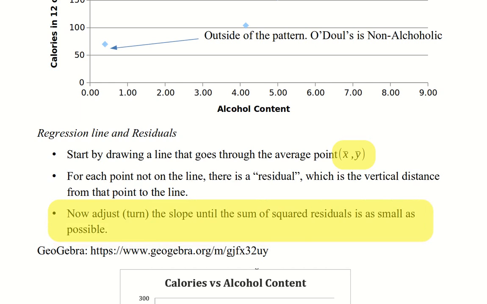So you basically are turning it, you're changing the slope, rising it and lowering it, until you get the residuals as small as possible. So the question then is, what are residuals? Residuals are the vertical distance between the line and the point. So let's look at an example of that.